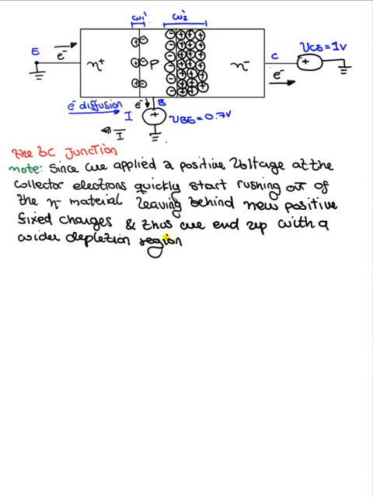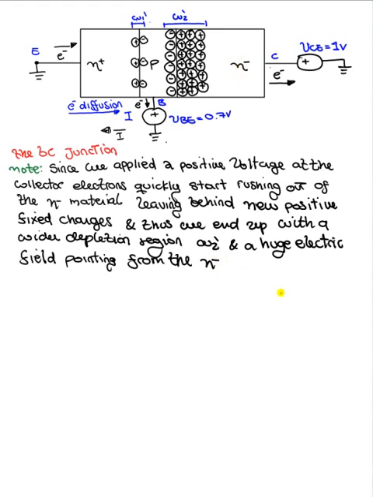With a wider depletion region, and that's W2 right here, and a huge electric field pointing from the N- material right here, or the collector, to the P material.